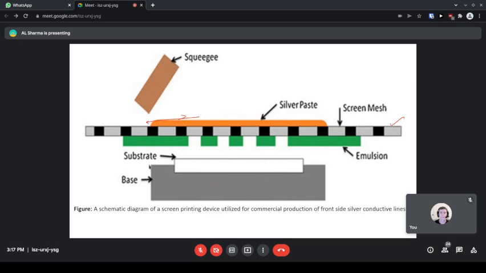What is going to happen, the paste goes inside the mesh, and they are going to form layers here. This is the thickness.